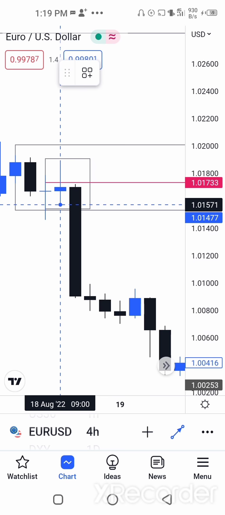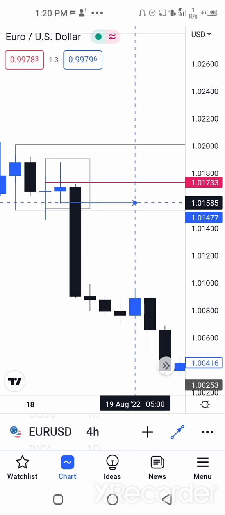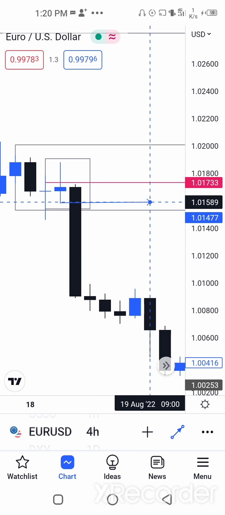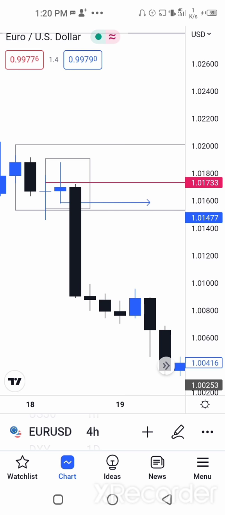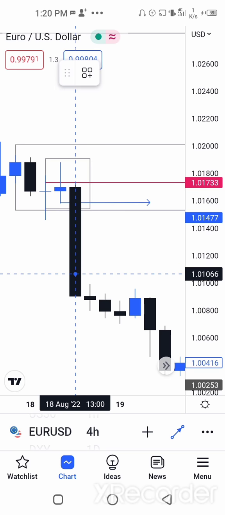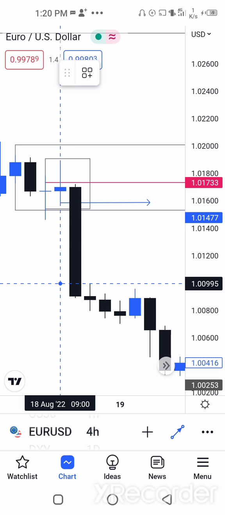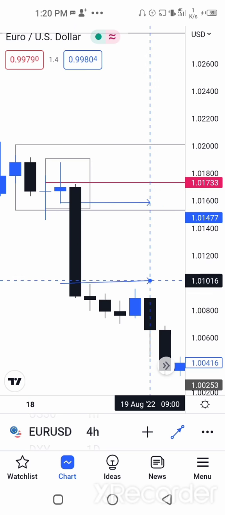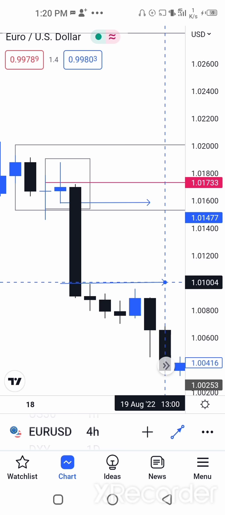Let's mark out from the low of this bullish candle, from the low of that bullish candle, up to the high of the third bearish candle, which is this. This is the third bearish candle.